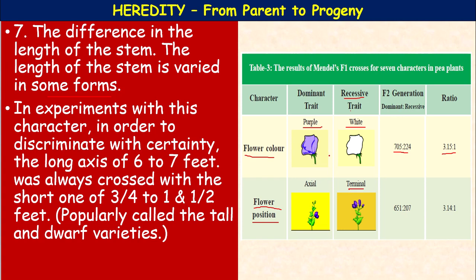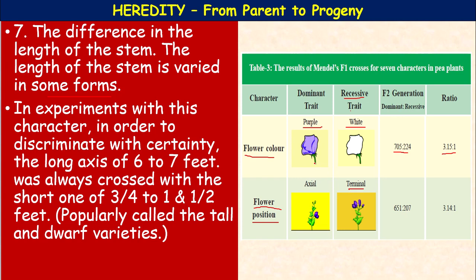The recessive traits will be the factors of an allele which is unable to express its effect in the presence of its contrasting factor. In a heterozygote, capital T is tall, small t is dwarf in the pea, whereas a heterozygote means capital T, small t, the combination of those two.